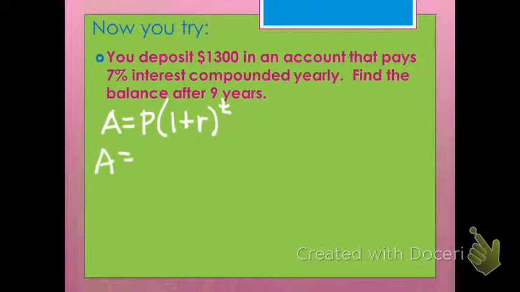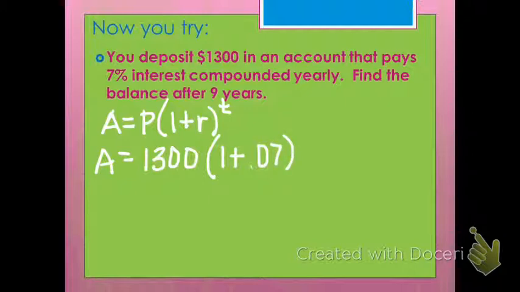P is the amount you put in at the beginning, 1 plus, and then R is the rate, which is 7%. So we call that 0.07, and we're going to raise it to the 9th power because it's 9 years. That's the hard part, is just getting everything written in.